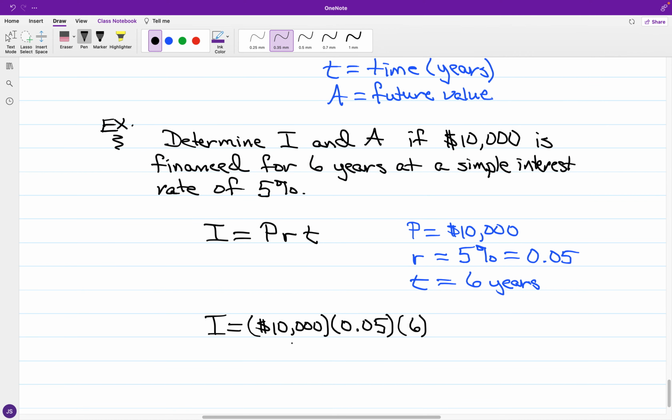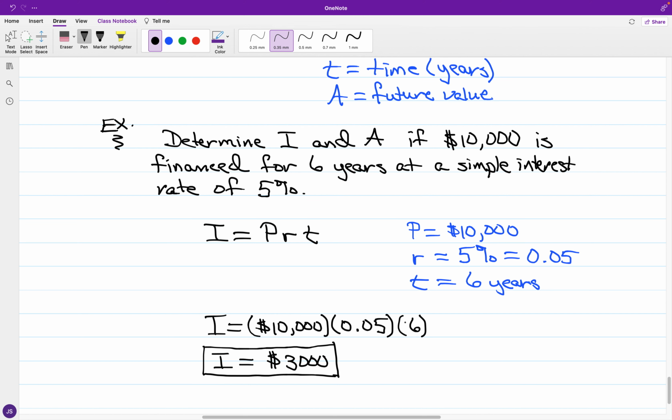If you multiply the numbers all together, 10,000 times 0.05 is going to be 500, and then multiplying by 6, that's going to be $3,000. And that 5% again is on the basis of simple interest application. The future value is going to come from what is financed or borrowed plus the interest.